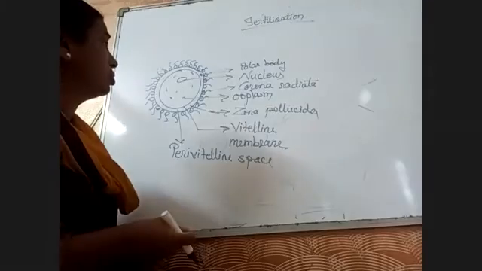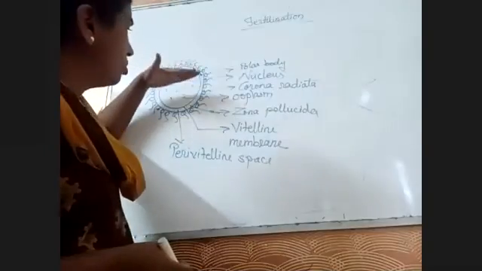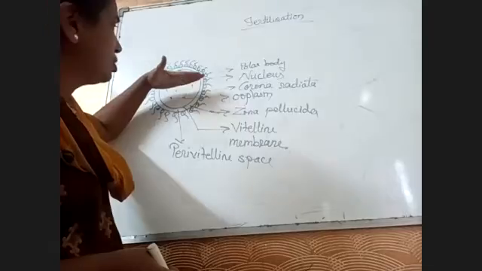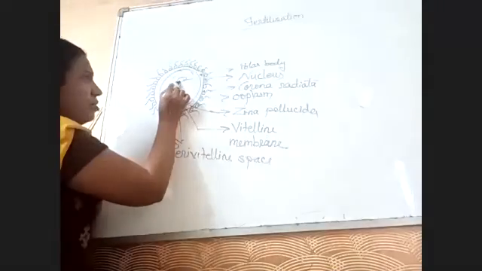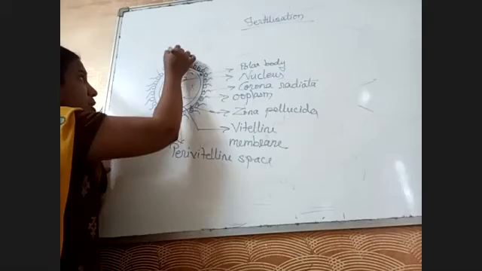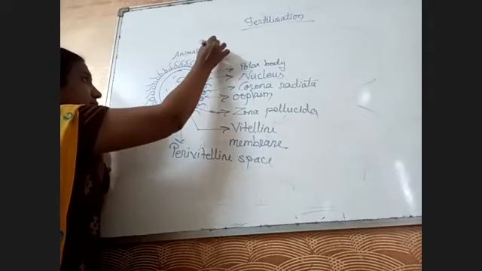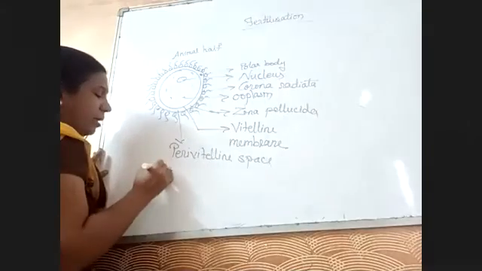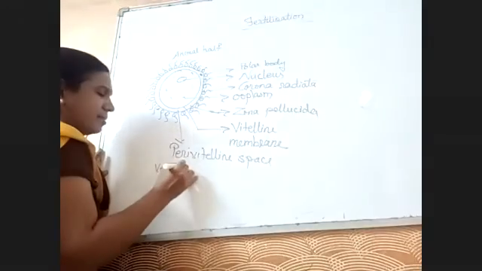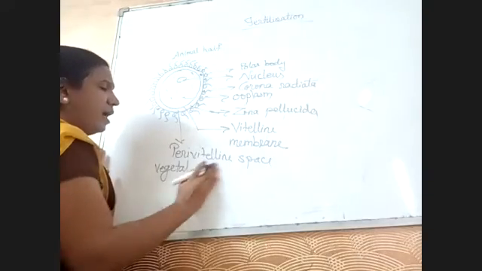So this ovum is divided into two halves. The half which consists of the nucleus and polar body is called the animal half, and the opposite part is called the vegetal half.